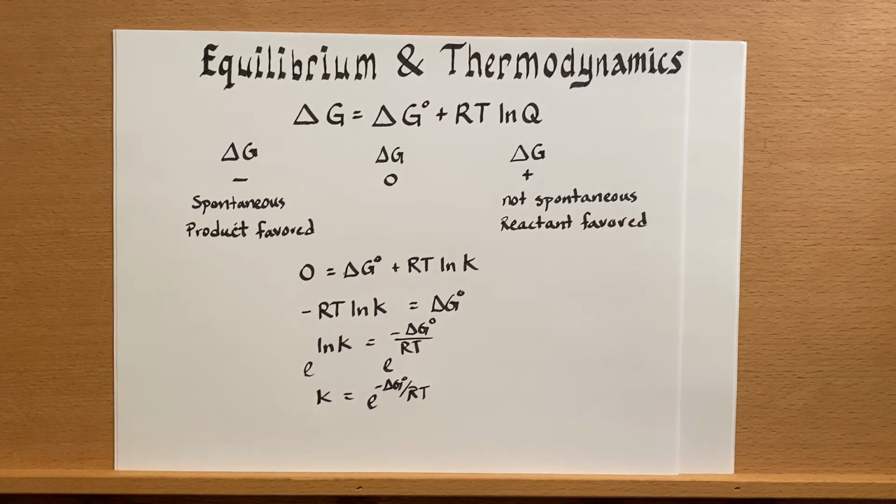This is a useful equation because now we can see that K is temperature dependent. If we change the temperature, we will change the value of K. And it really is only temperature dependent. That's the only thing that changes K. Now, delta G can sometimes change a little bit with temperature, but that won't be the major effect here.